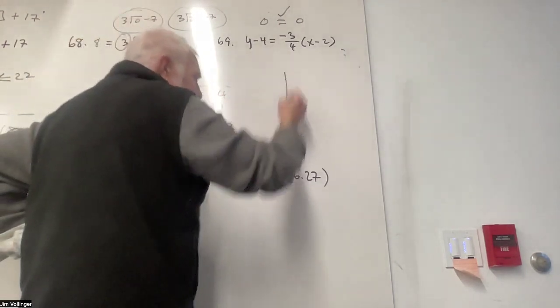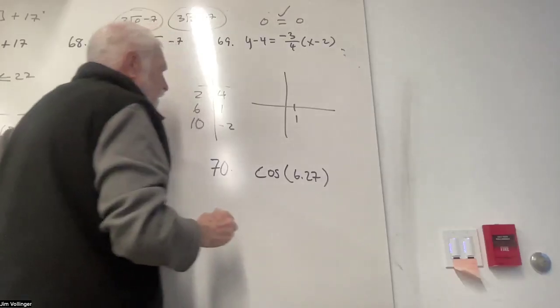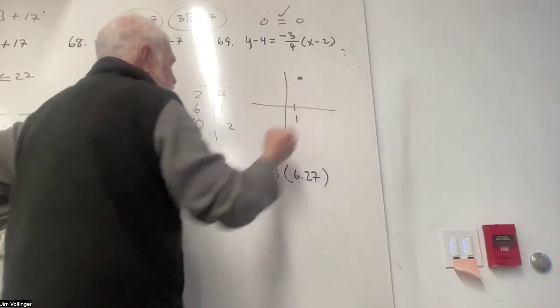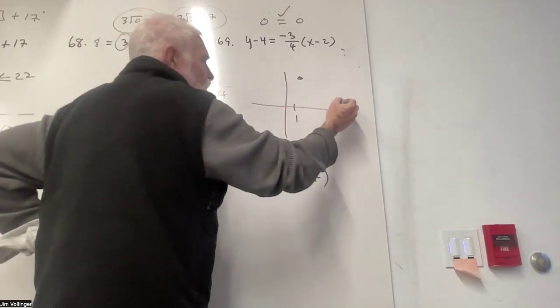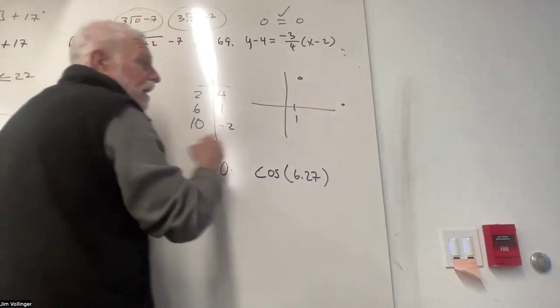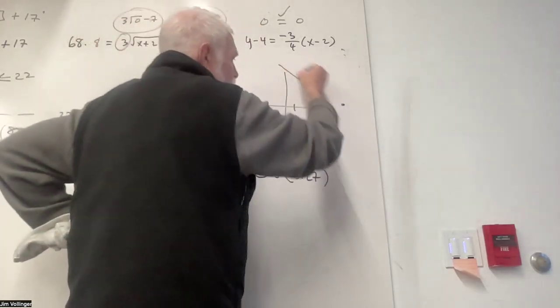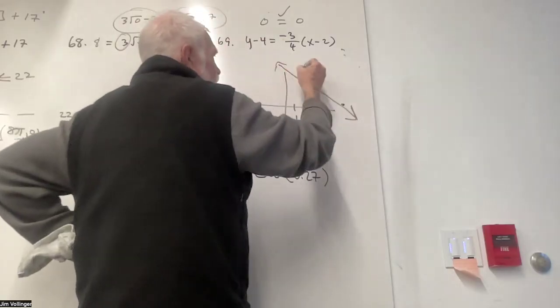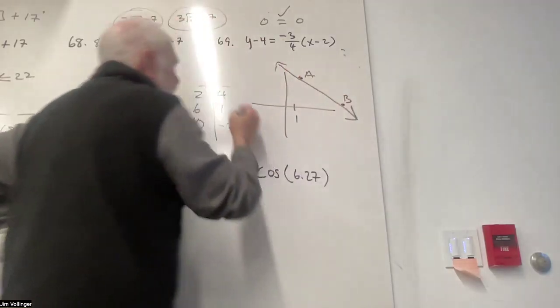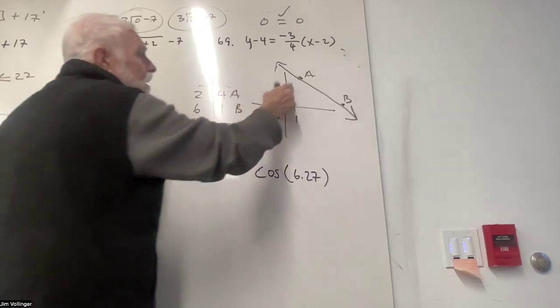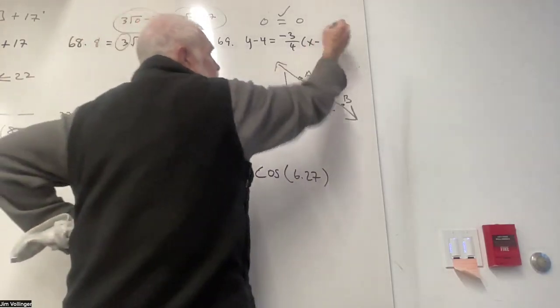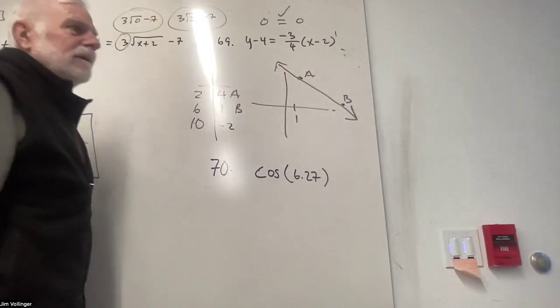And I think I know how to plot those points. Let's call that 1. I'll estimate 2, 4. I'll estimate 6, 1. I can even do 10, -2. But I'm running out of room, so why don't we just take A and B, let's call that coordinate A, coordinate B, plot them, and recognize that a one-dimensional shape is a line.